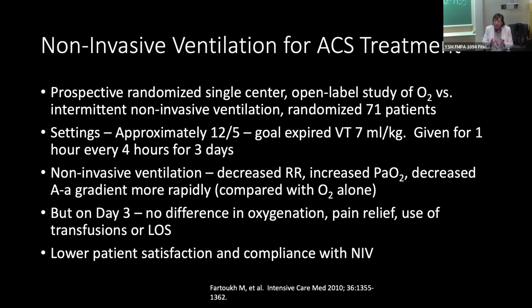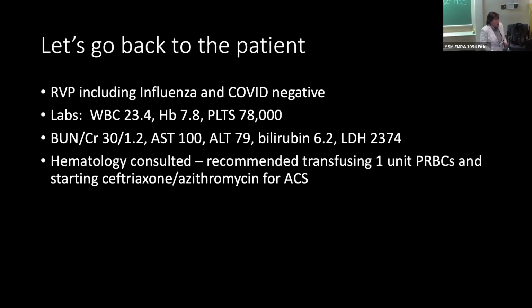What they found was that oxygenation improved more rapidly, immediately, but by day 3, the difference was not really appreciated. So we use BiPAP like we do for many other conditions in the ICU to help with oxygenation and potentially ventilation in these patients, but it's not clearly been shown to be beneficial in acute treatment of ACS.